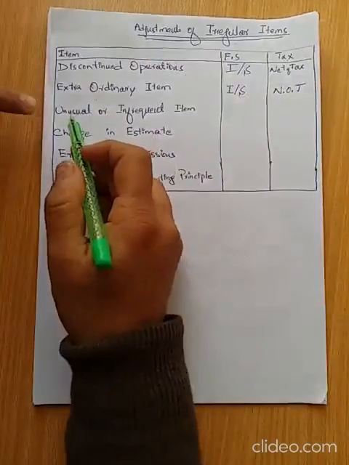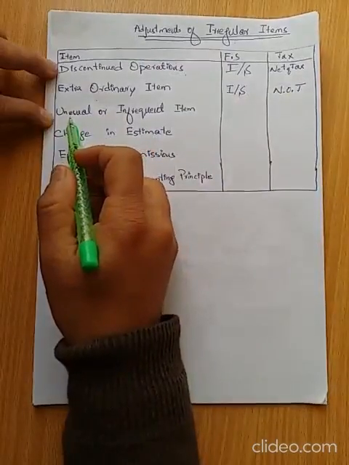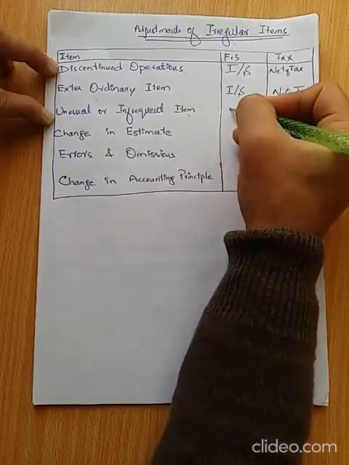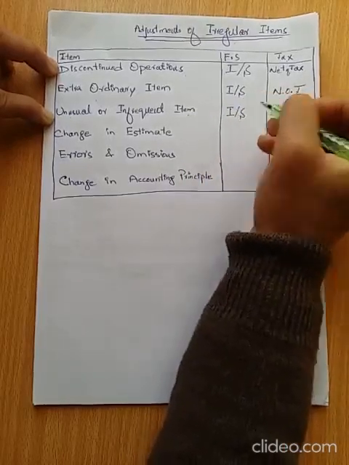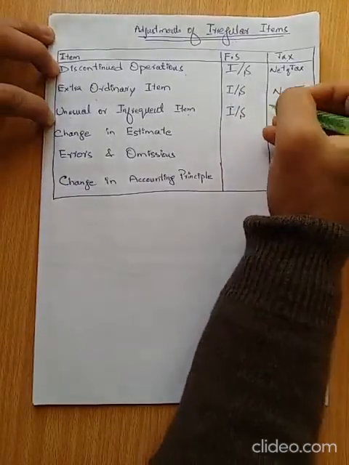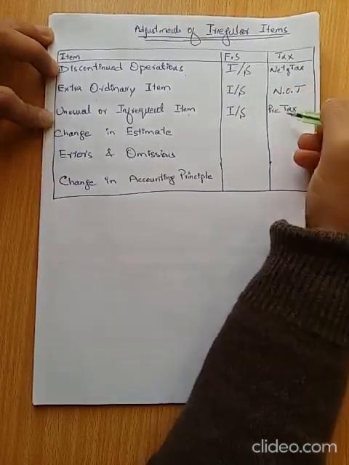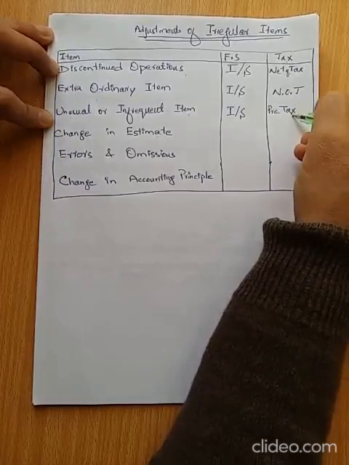The third irregular item we have is the unusual or infrequent item. This item is also adjusted inside the income statement, but its tax consideration is pre-tax, which means we are not going to subtract the tax amount from it.